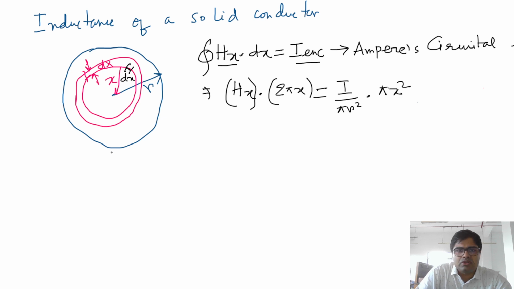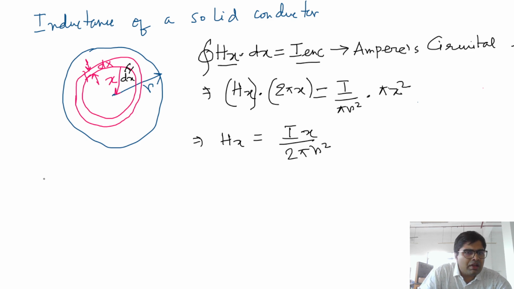So from here we can write Hx equal to I by 2 pi r square into x. This is Hx.